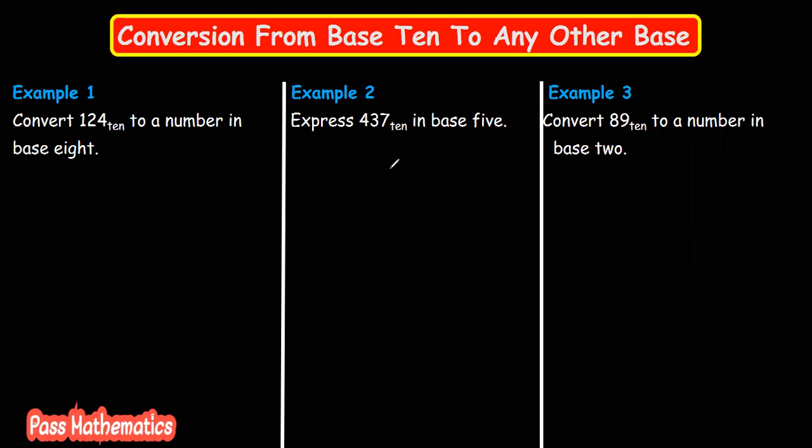Example number 1 says convert 124 to a number in base 8. 124 is in base 10, and we are to convert this into a number in base 8. So to do this, we put this in a column. So let's draw a line.